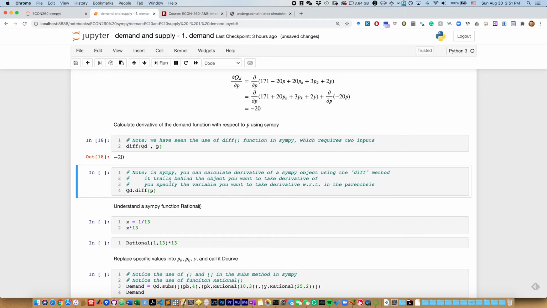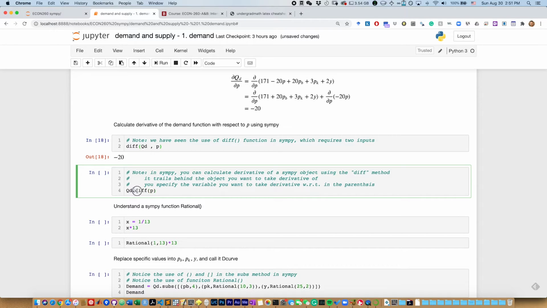Sometimes in sympy, it turns out that we don't necessarily have to take the derivative this way. Sometimes it's more natural to have an object first, and then we say, well, let's just take the derivative of this object with respect to a different variable, which is p.